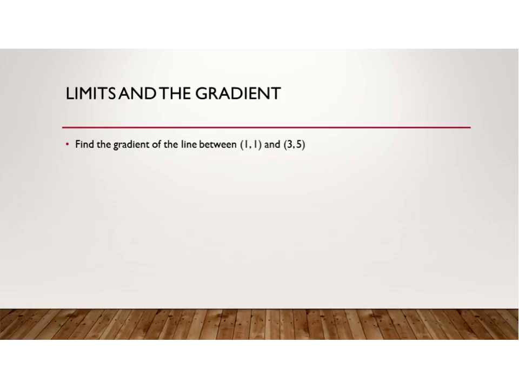Now, let's remind ourselves of another piece of underlying mathematics you need to get to the idea of the derivative. Take two points, (1, 1) and (3, 5), and we want to work out the gradient of the line between them. We recall that the gradient between any two points is rise over run.